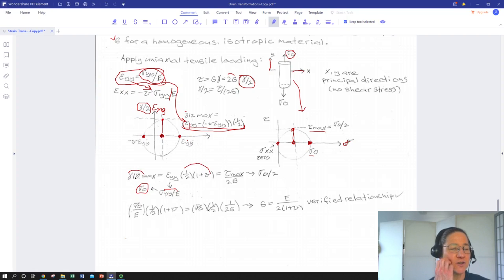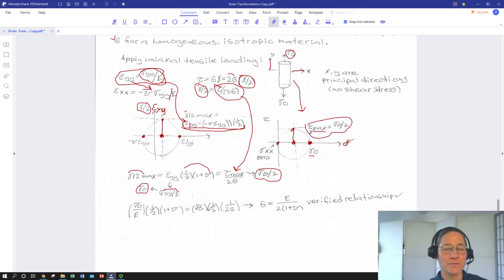So let's see, shear strain is going to be equal to, up here, shear stress divided by 2 times the modulus. And that, we can go a little bit further and say, okay, tau max is going to be equal to our applied uniaxial normal stress in the Y divided by 2, because we got that off of our stress Mohr circle.